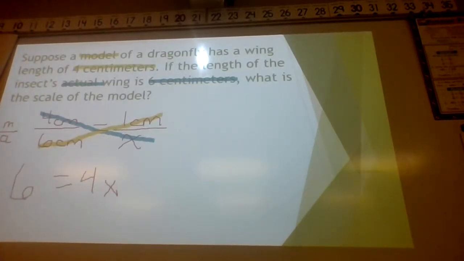On the right. What operation do you see? Multiplication. What's the inverse? Division. What do we divide by? 6 divided by 4 is 1.5. Don't forget your label.